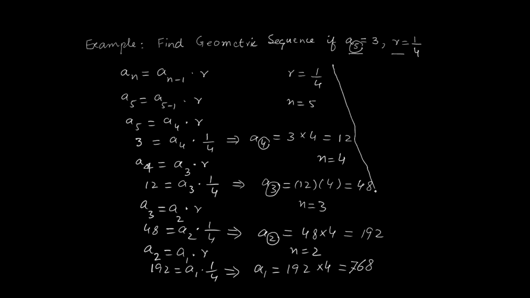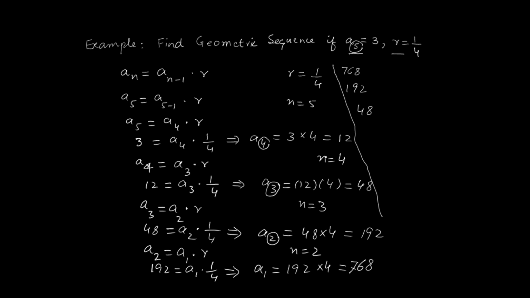Now we are in a position of a geometric sequence. What is the first term? 768. This is our first term. What is the second term? 192. And what is the third term? 48.